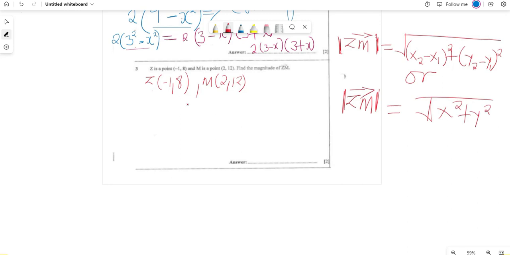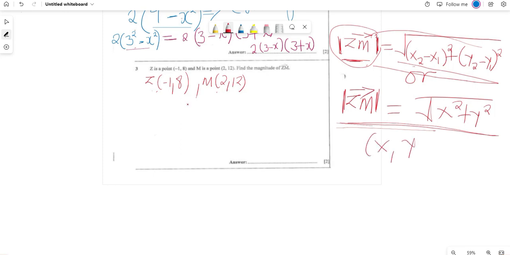Now let me explain in what condition you are supposed to use each formula. The first formula, which I've written here, you need to use if you have been given two coordinates. For example, here we have been given coordinate z and coordinate m, so we can use this formula. The other formula you use if you have been given the resultant vector, which will only contain the x coordinate and the y coordinate.